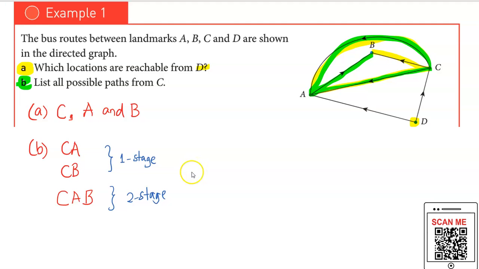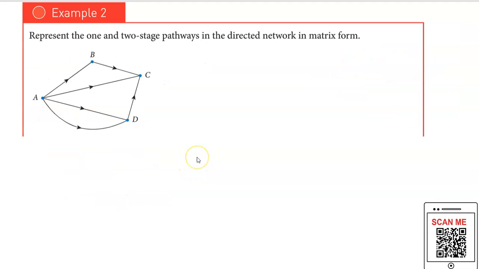Let's look at example 2. Represent the one and two-stage pathways in the directed network in matrix form. First, let's construct a matrix with 4 rows and 4 columns, and label the rows and columns A, B, C, and D. First I want to do R1, reachability 1.